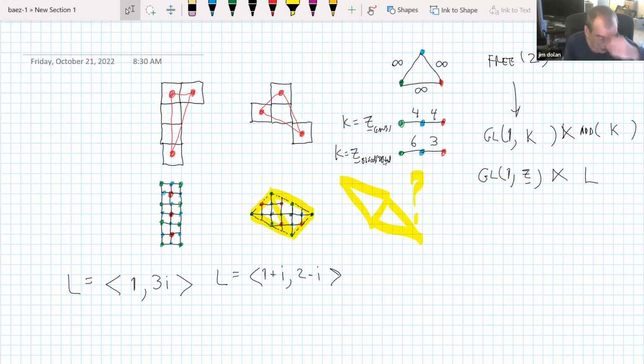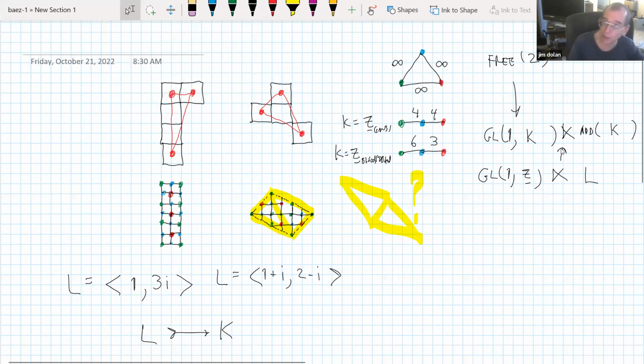Yeah, so when we choose this lattice, L is a subgroup of the abelian group, the additive group of K. That's what this kind of thing is here. And I'm just saying that, by functoriality of semi-direct products, there's a homomorphism there.